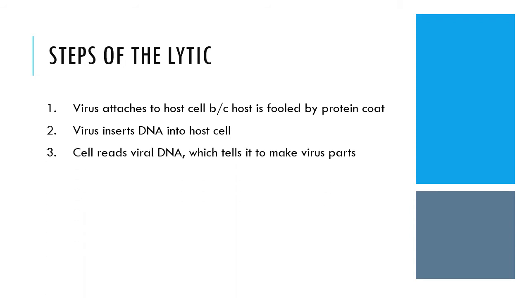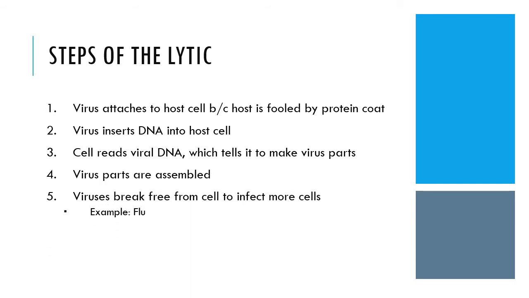The cell then reads the viral DNA and it tells it to make virus parts. So basically, the cell gets confused, it starts reading the virus DNA instead, and boom, it starts making virus parts. The virus parts are then assembled into a bunch of different viruses, and then the viruses break free from the cell to infect more cells.